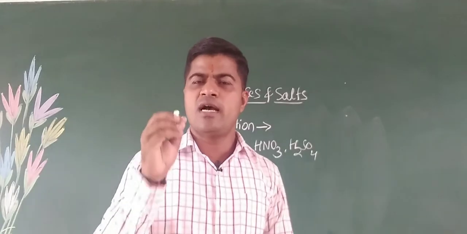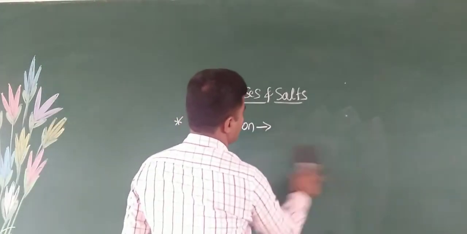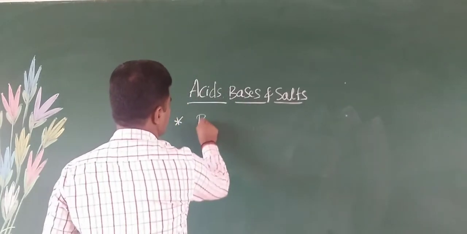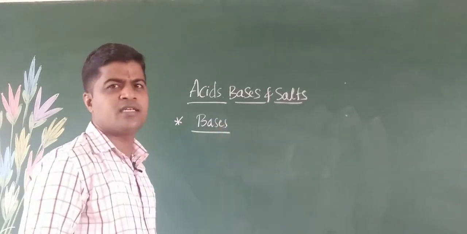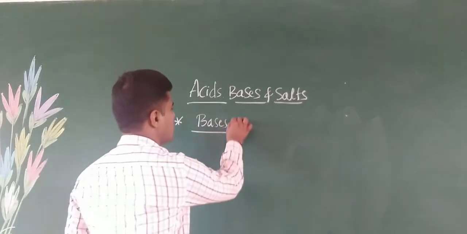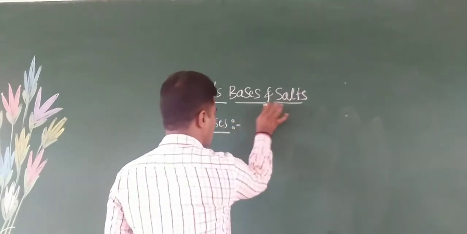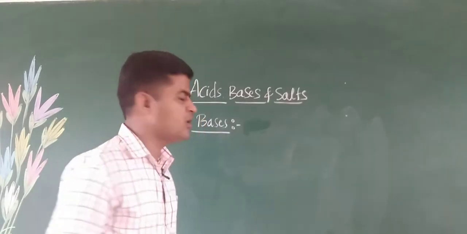Is called acid. Similarly, bases. You came to know the definition of acids. Bases are the ones which give OH minus ion when dissolved in water.